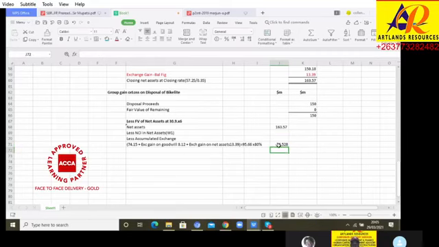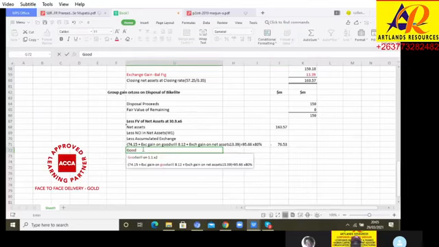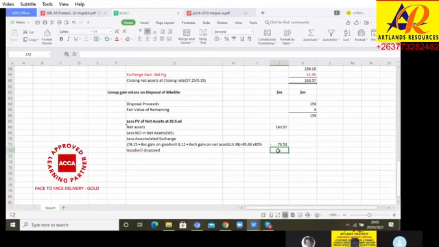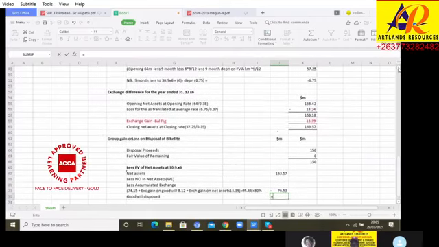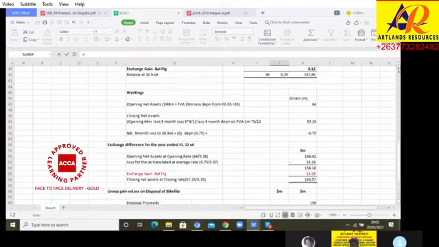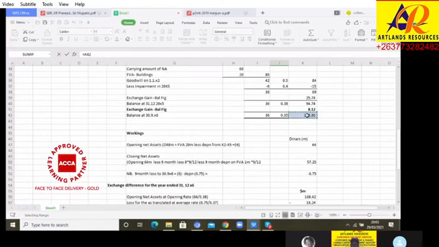Then you say less another thing, you say goodwill disposed. Because you have disposed, you take out goodwill, and goodwill in dollars, we have calculated goodwill already. Goodwill disposed is there in dollars here, 102,86.